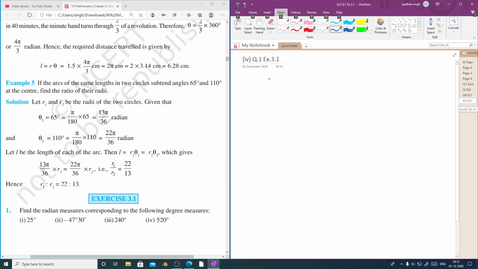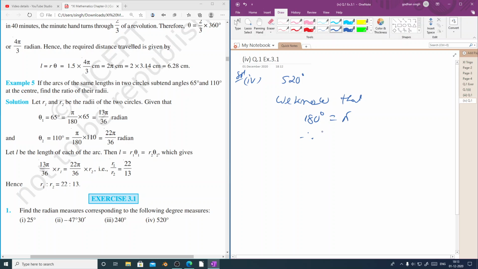Fourth part, question number 1, exercise 3.1. So fourth part is 520 degrees. So we'll write as usual. We know that 180 degree equal to pi radians.